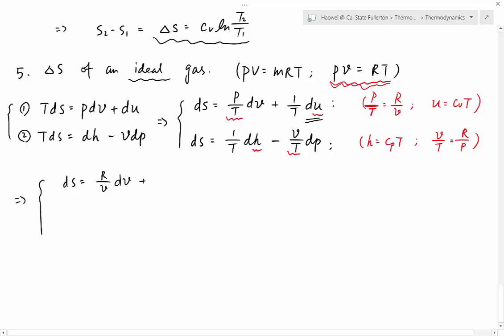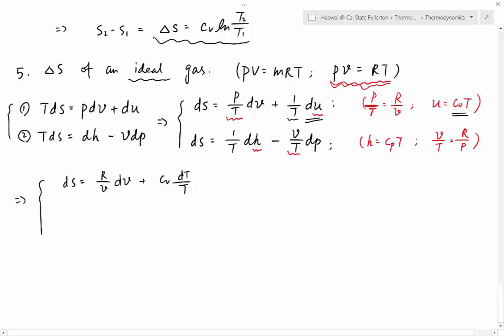Derivative u can be rewritten to derivative Cv times T. And we know Cv is constant, so you can take Cv out of it, so it becomes Cv times dT, and over T. Keep this 1 over T. Okay, so that's the first Gibbs equation.